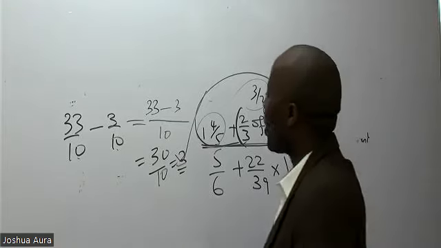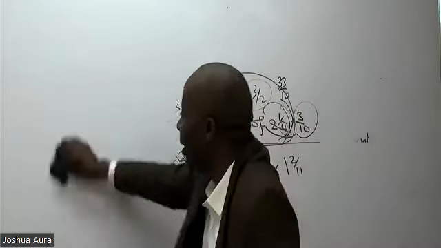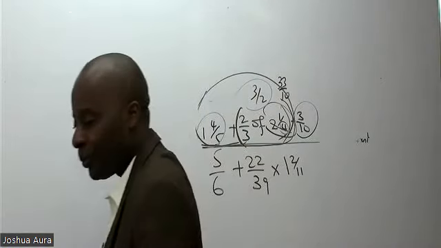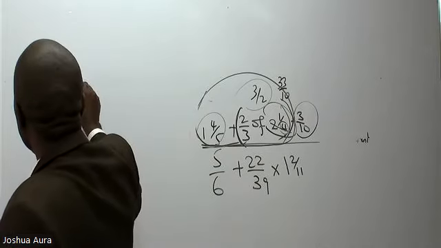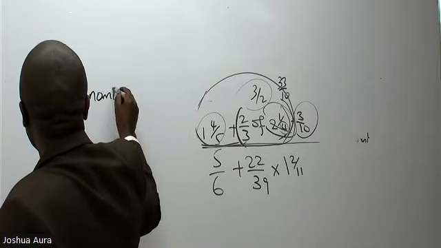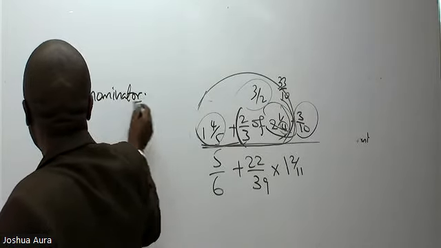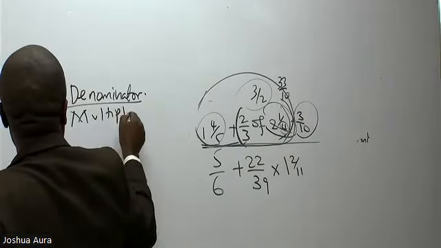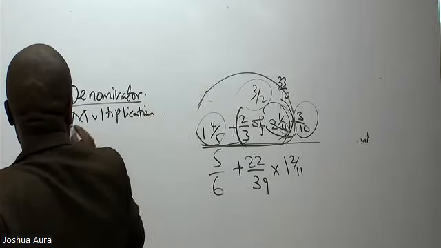So I'll go the way I would write this, ladies and gentlemen. This needs a student who is able really to talk. In this case, I will write the denominator computations. And of course I can even write for the examiner first of all multiplication, because the more I write, the better.